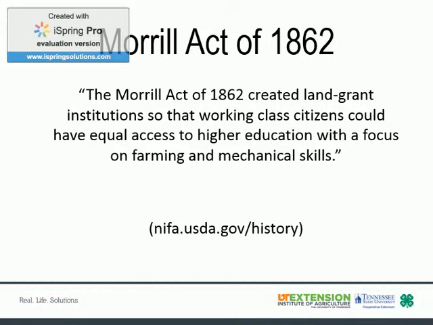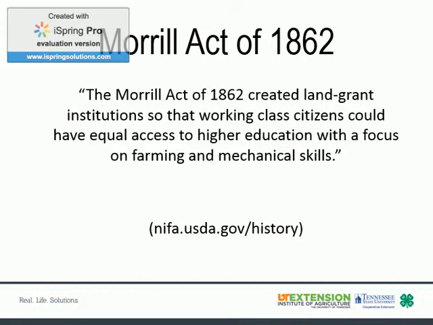The Morrill Act of 1862 created land-grant institutions so that working-class citizens could have equal access to higher education with a focus on farming and mechanical skills. Under the Act, the states were given 30,000 acres of federal land. The land, or the proceeds from the sale of the land, would be used to begin an educational institution.